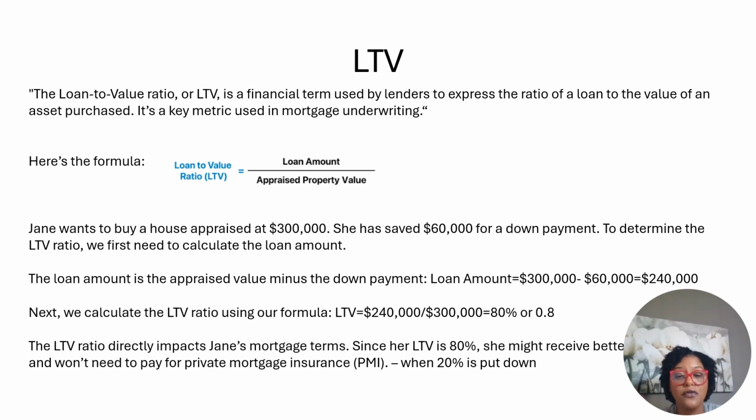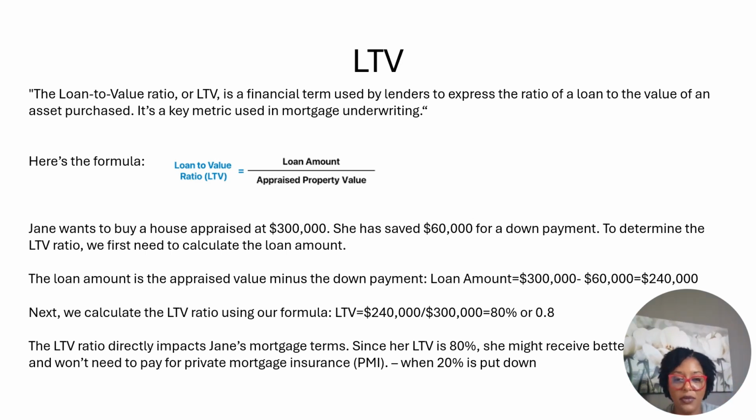That gives us 240,000. So next, we have to calculate the LTV using the formula. So the first part had nothing to do with the formula. We just needed the actual loan amount. So if in that question it doesn't tell you, or if it just says FHA is 3.5%, you'll just have to calculate that part out like we just did.